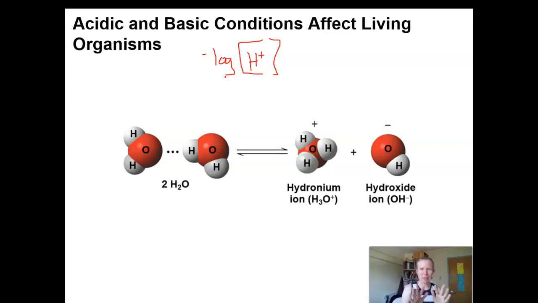Now, if you've taken lots of math, you know it's base 10, but this is basically like the Richter scale. What that means is if you go from a neutral pH 7 and you drop to a pH of 6, it doesn't sound like much, right? I've just dropped 1 on the pH scale, but you actually have 10 times more hydrogen ions.